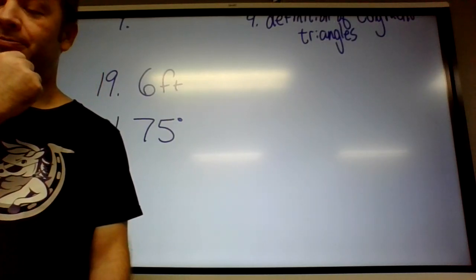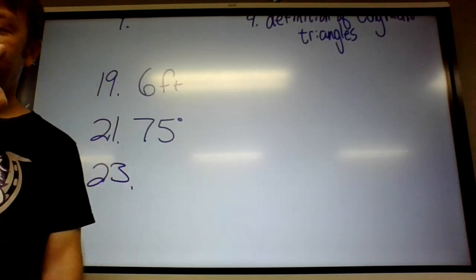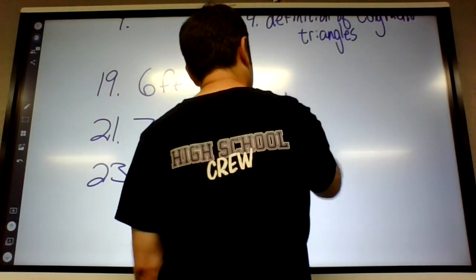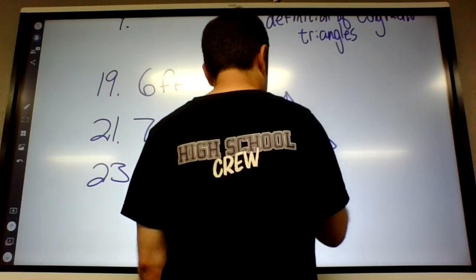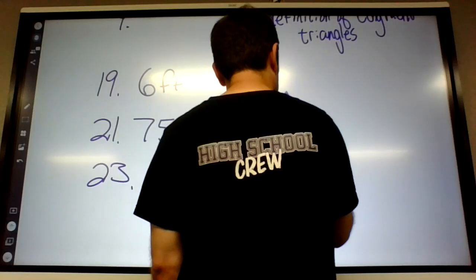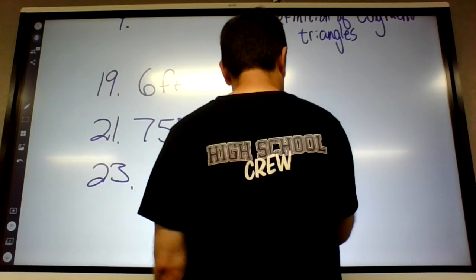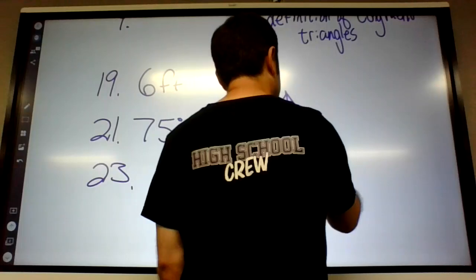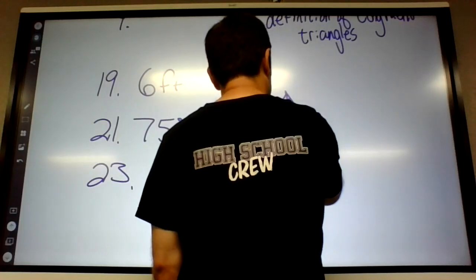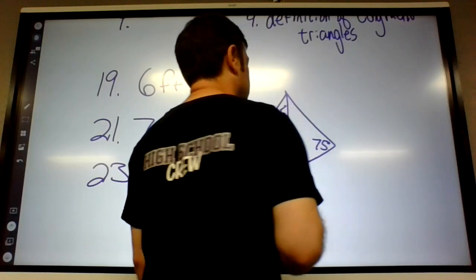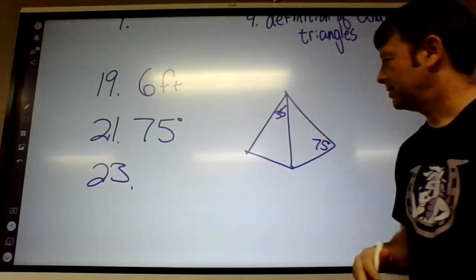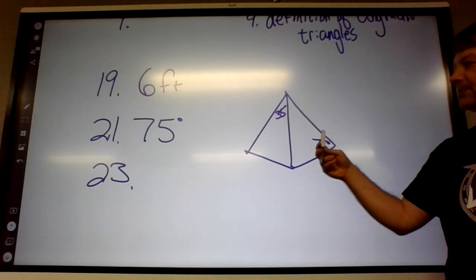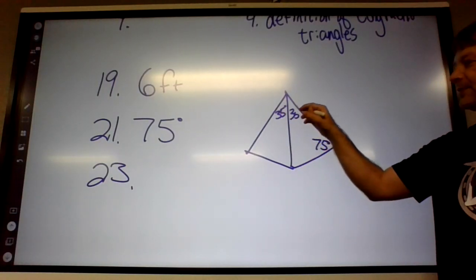You might have to think a little bit on this one. You guys can get it before I tell you the trick. It's not that hard. If these two triangles are the same, then these are both 35s.